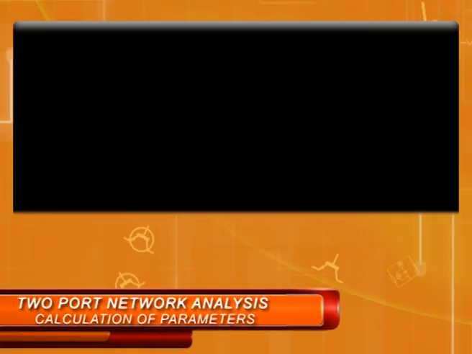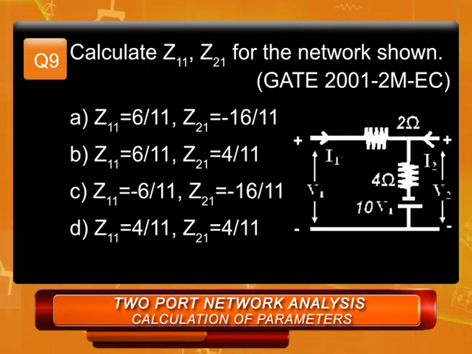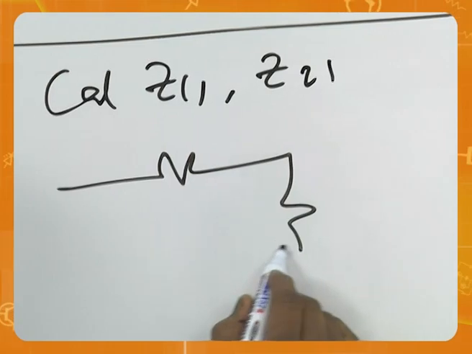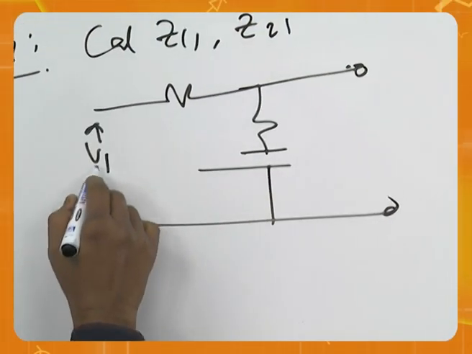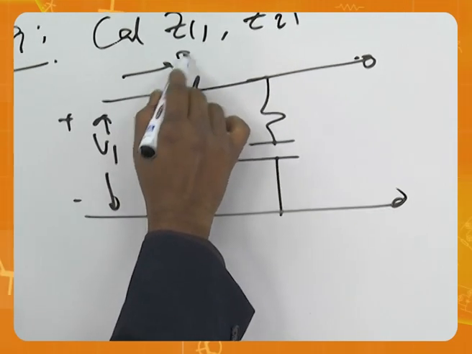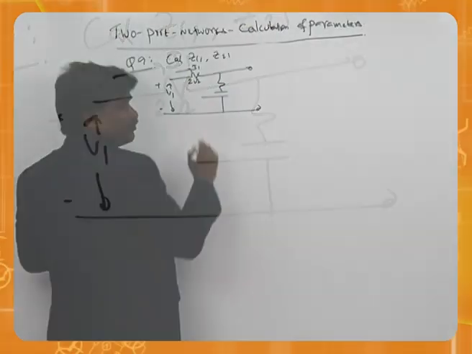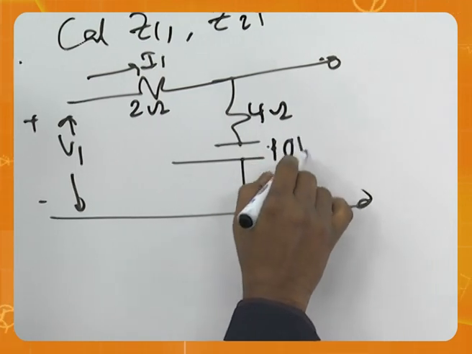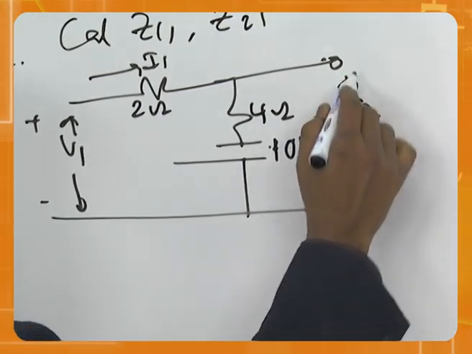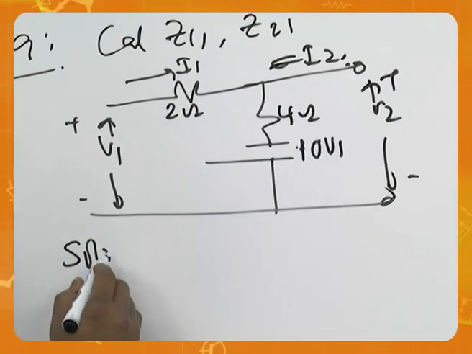Question number 9. Calculate Z11, Z21 for this circuit. I1, 2 ohms, 4 ohms, 10 V1, V2. Let me start.